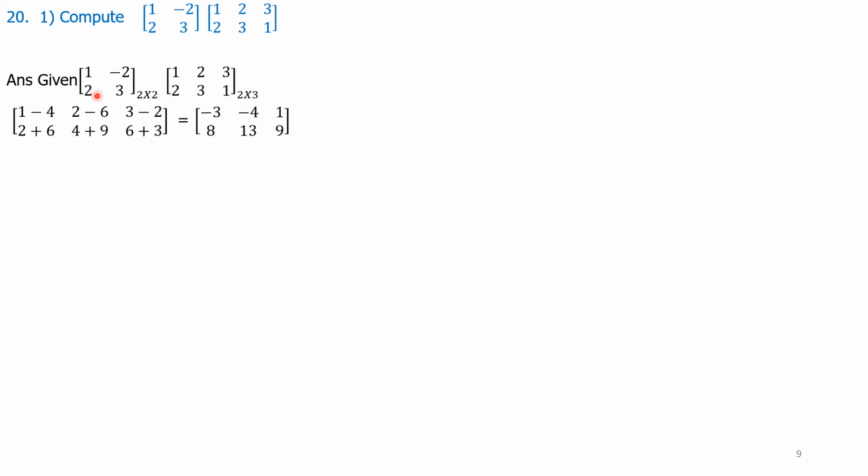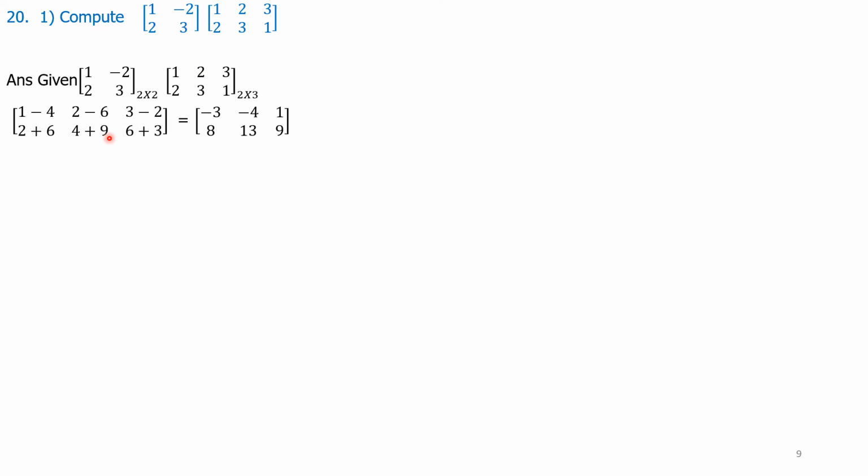Now, we will go to multiplication of second row with first column. Second row is 2 into 1 plus 3 into 2 is 6. Then next element is second row of first matrix and second column, that is 2 into 2 is 4, 3 into 3 is 9.